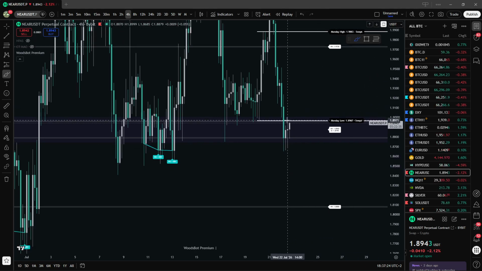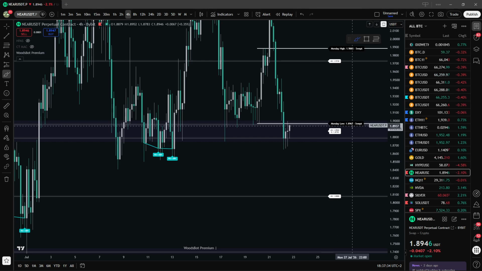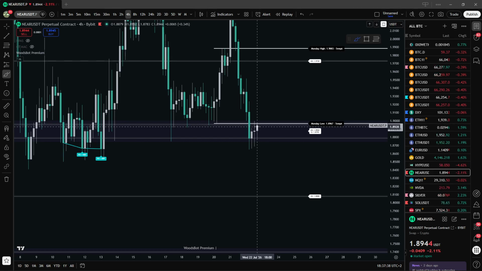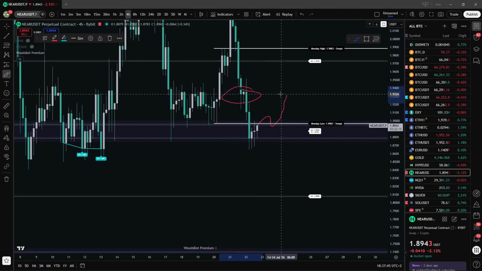Especially near a close below these lows on the 4-hour candle. Structurally, it's already not looking the best. So you want to keep your risk tight, and you're betting on price action reclaiming the Monday low and then potentially pumping towards this 4-hour demand. This is what I would assume you are doing.